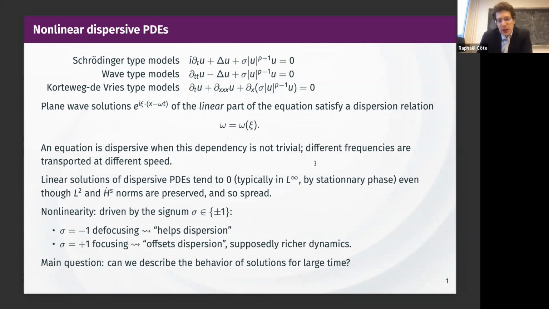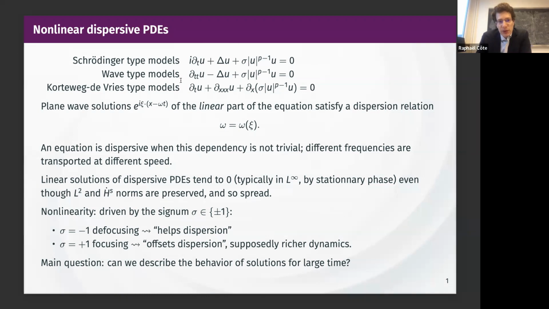By a stationary phase argument, a solution to the linear equation will tend to 0 in L infinity, even though it preserves its L2 norm and, more generally, its HS norm. What does it mean? A solution to the linear equation has to spread.